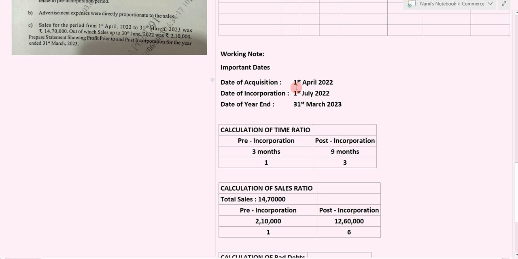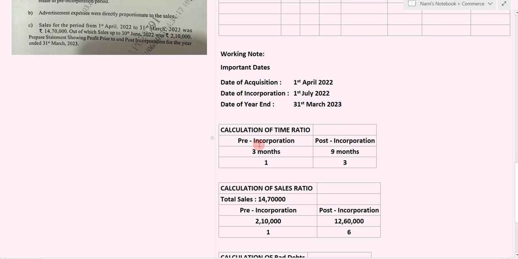See, the acquisition date is 1st April 2022 and the date of incorporation is 1st July 2022. So the period between 1st April to 1st July will be called pre-incorporation, and the period from 1st July to 31st March will be called post-incorporation.